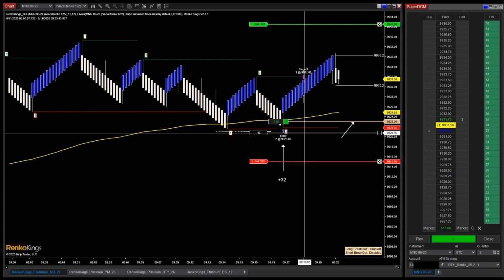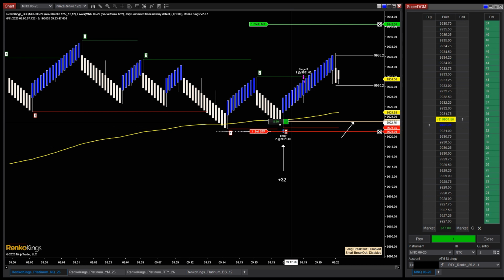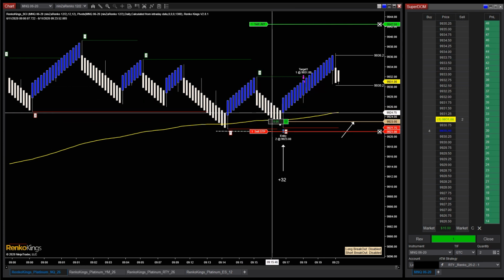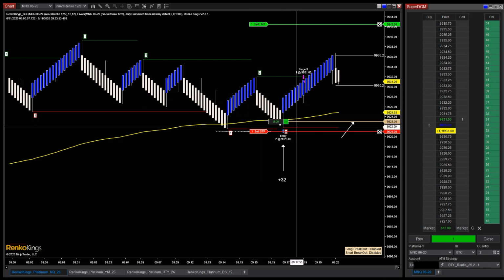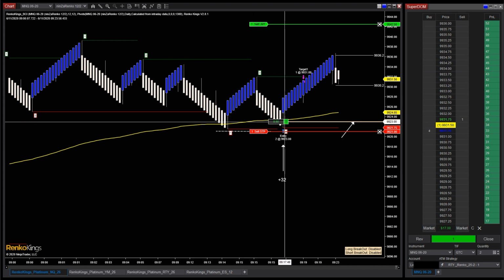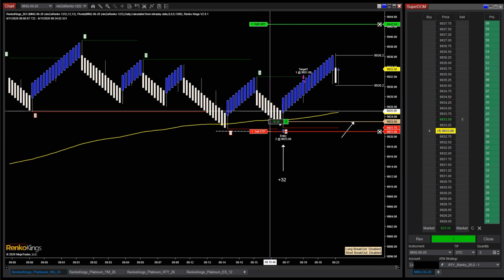As soon as I placed it, I had to move quick and move it up to here, so my risk was small in case this movement, this pullback, just went right through it, okay? And that happens sometimes, okay?